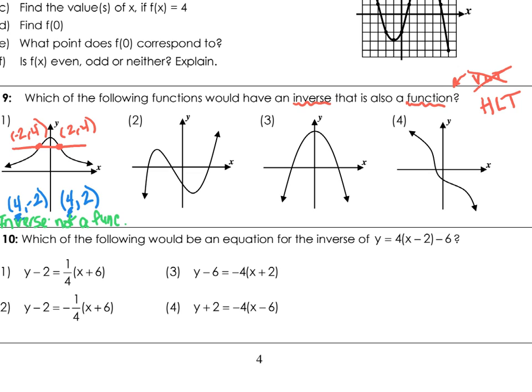On the next graph, again, we can try the horizontal line test. But again, if this fails the horizontal line test, that means it has y values that repeat. And so when you flip them around for the inverse, then the x values will repeat.